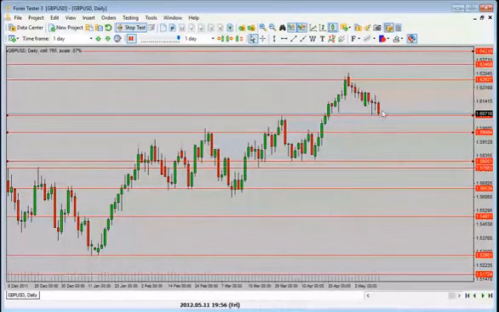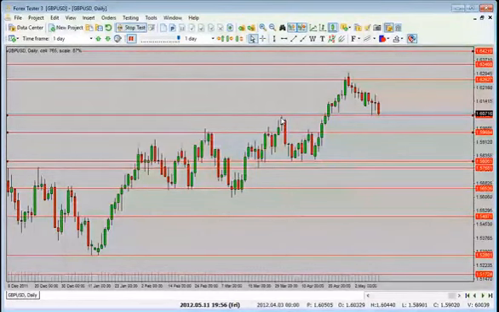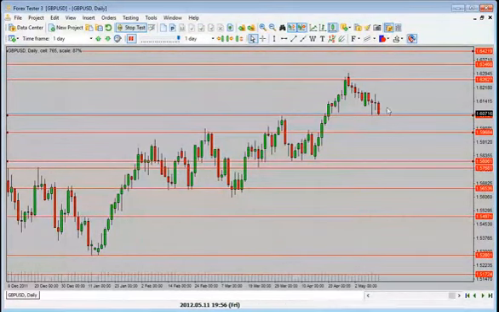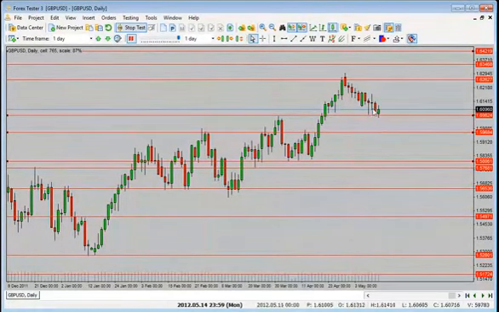So right now the tilt in terms of bias is slightly to the downside here, but we have to see a close below this support level and back into this area for it to continue lower. But I'm looking for that particular break. Okay, so we haven't seen that break. Price pulled back, small candle close. What do we expect now?